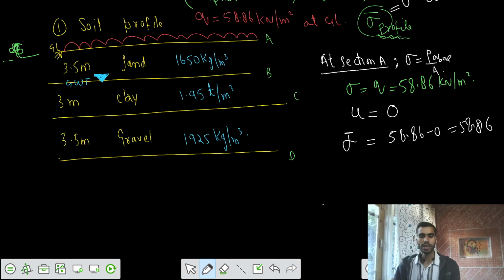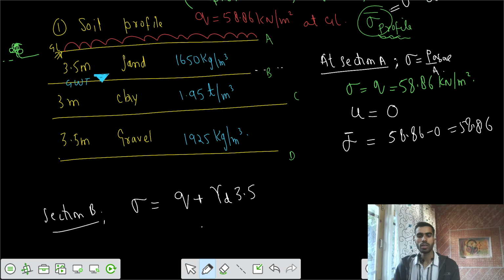Now let's go for section B, or point B. What is the total stress at point B? That's the total stress above it, which equals q plus the stress because of the dry soil, so gamma dry into 3.5.